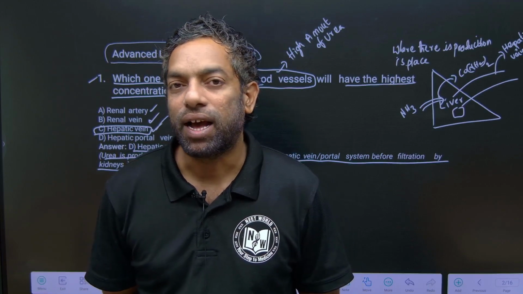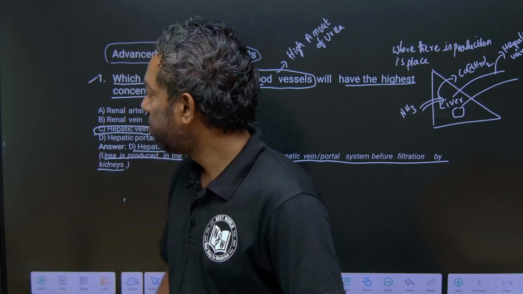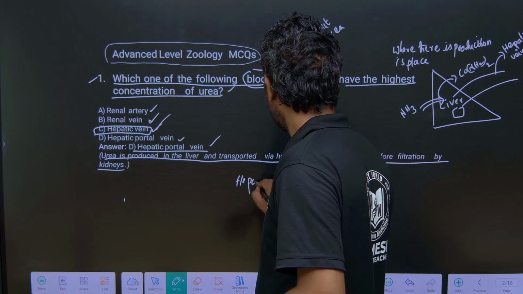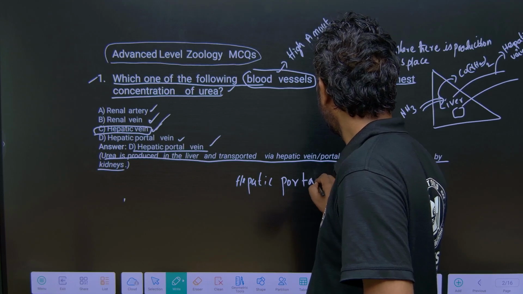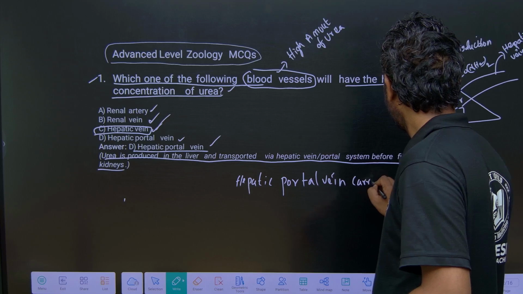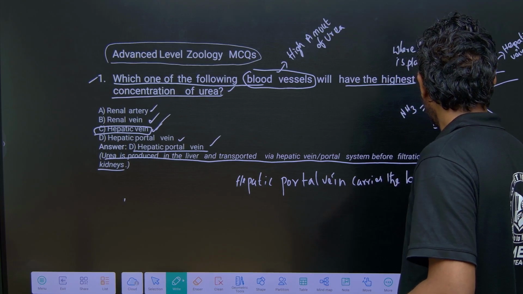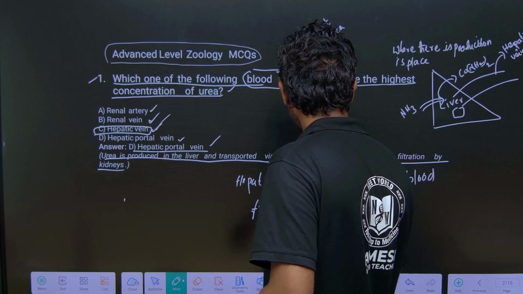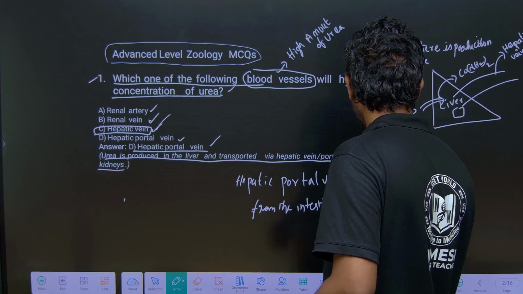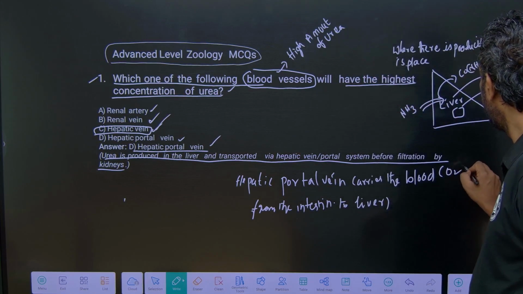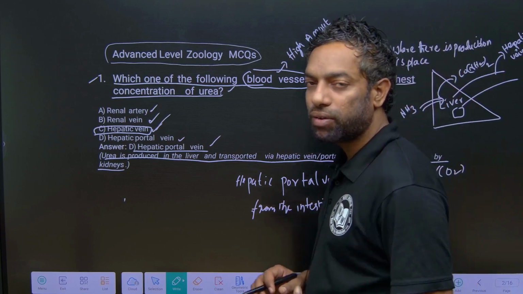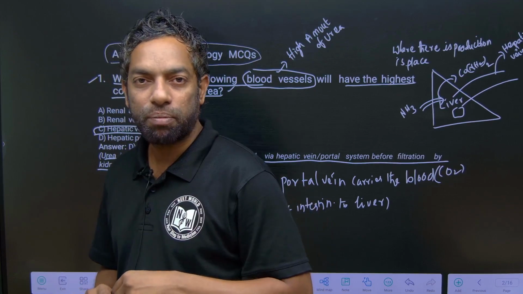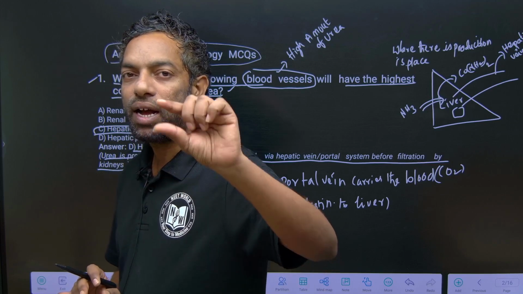Hepatic portal vein carries the blood from the intestine to the liver. This is deoxygenated blood. The hepatic portal vein carries deoxygenated blood from the intestine to the liver. The hepatic vein carries blood from the liver to the vena cava, and that carries the highest amount of urea.